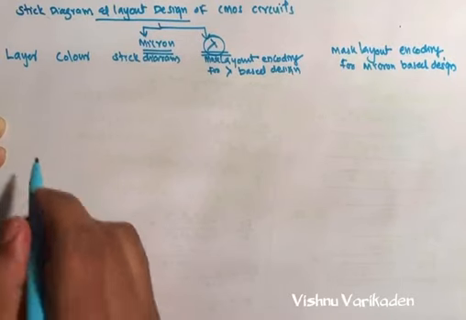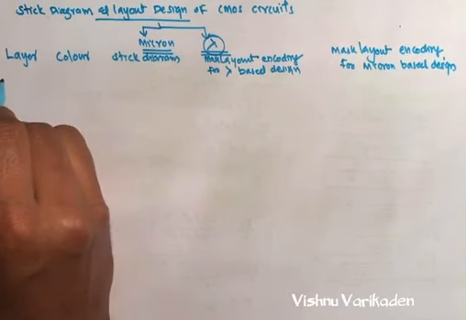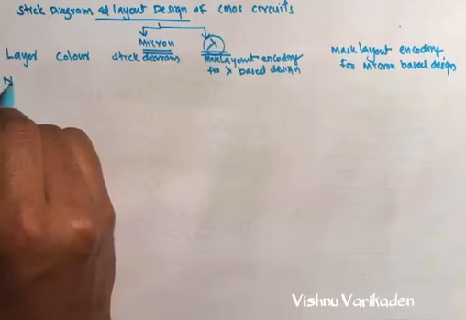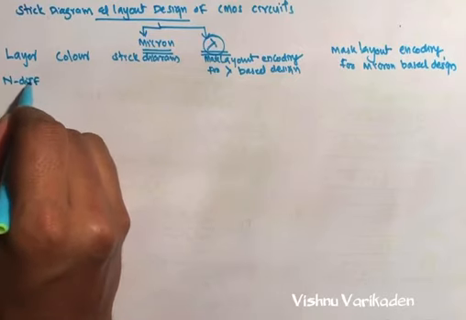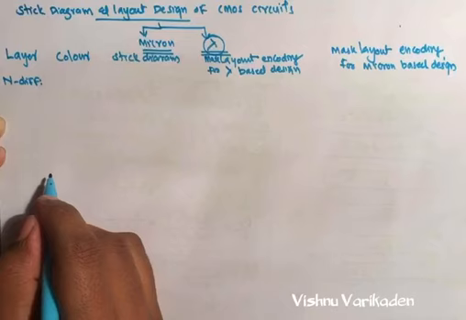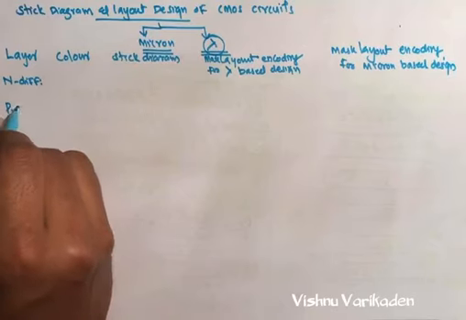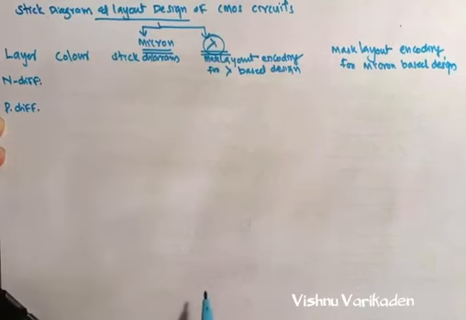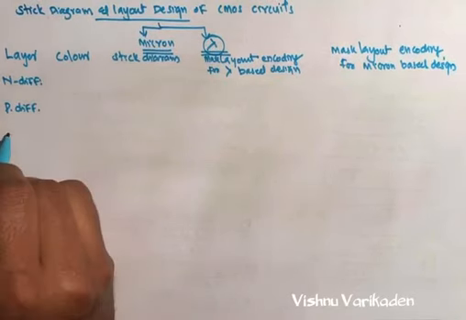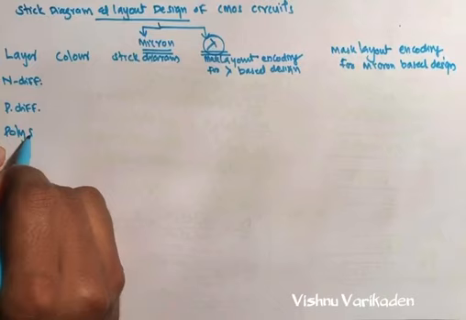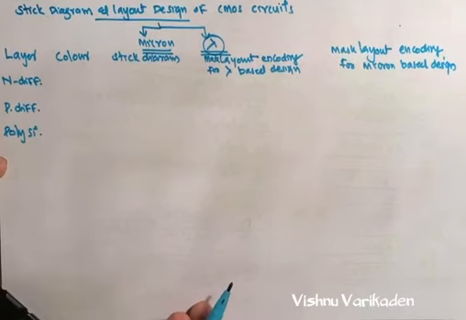So there are a number of layers. First one is N diffusion. Next one is P diffusion. Next one is polysilicon. So these are the main 3 layers.